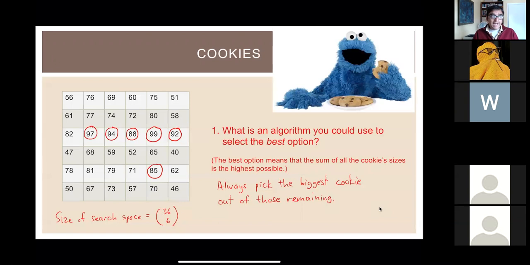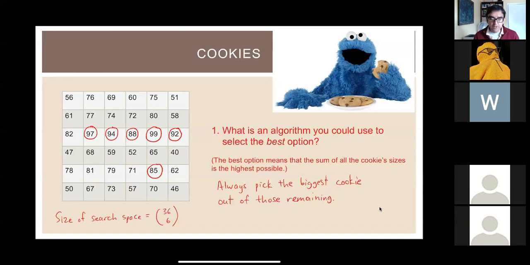But what if we had n cookies in total and we wanted to pick six of them? How long would it take? 6n, that's right. Because how long does it take to find the largest cookie? You have to go through the entire list and find the biggest one, that's n, and then you do that 6 times, so it would be 6n.